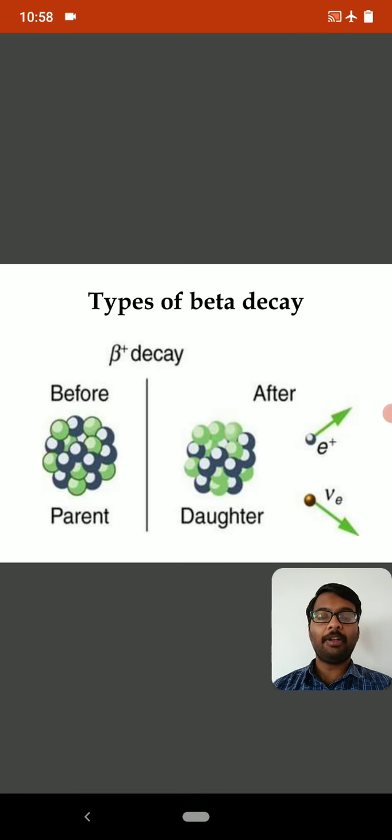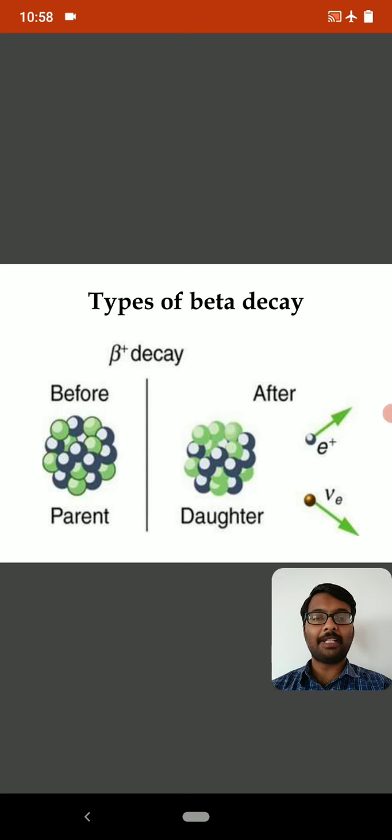Then the second one is the reverse of this, that is beta plus decay. In the previous case a neutron is converted into a proton. In this case, the reverse, a proton is converted into a neutron. Because of that, on one side we have charge plus 1 unit, that is the proton, and on the other side the neutron is neutral.